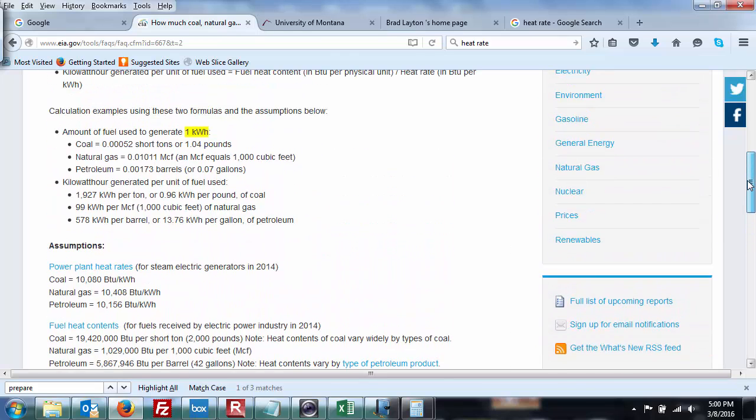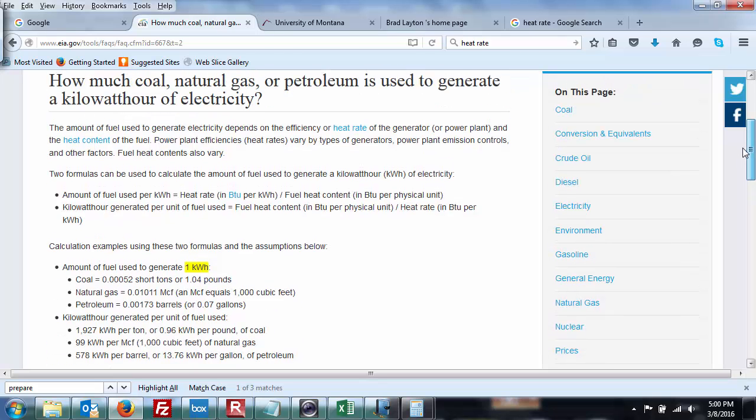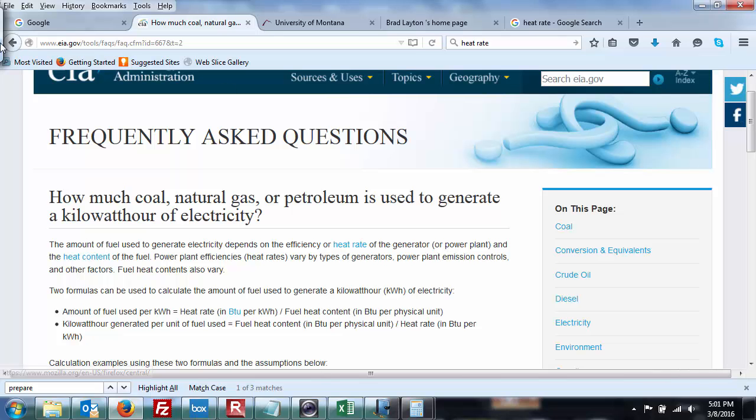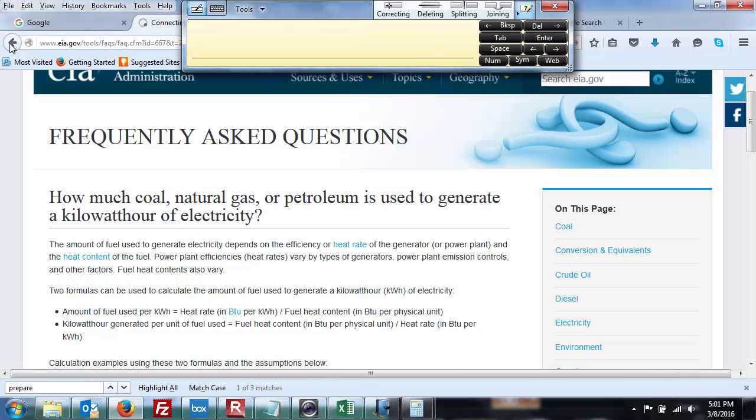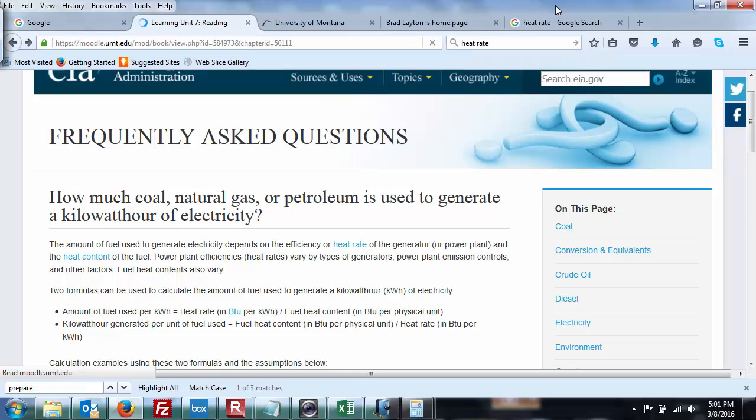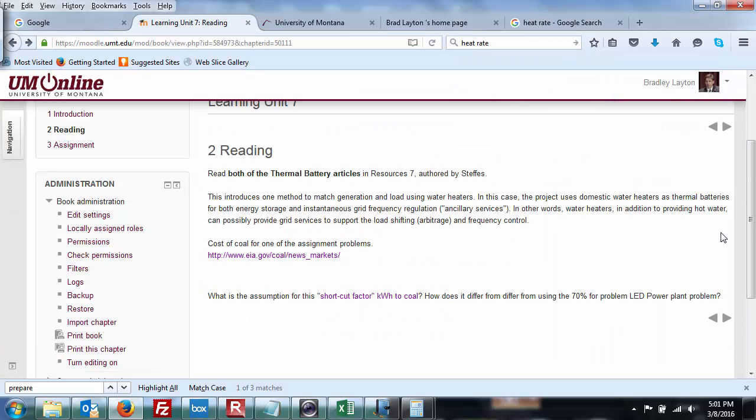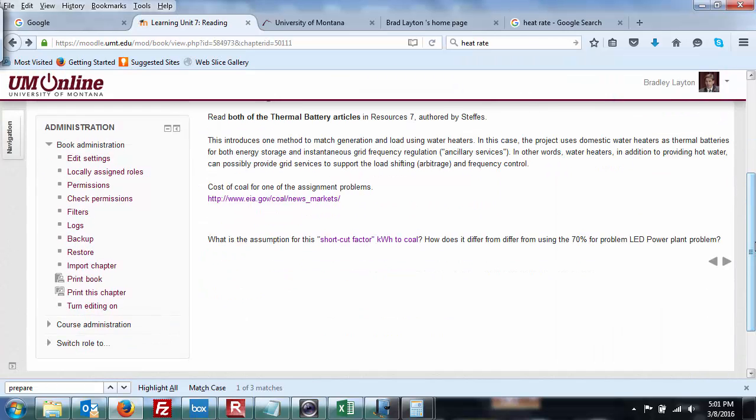So maybe the answer is that there are no losses, because there are losses all along the way. There's thermal losses of the plant, there's losses in the lines, so maybe that's all he's looking for, that the losses are the same across all systems. I don't know. Okay, let's keep that in mind, the 70% for the problem with the LED.